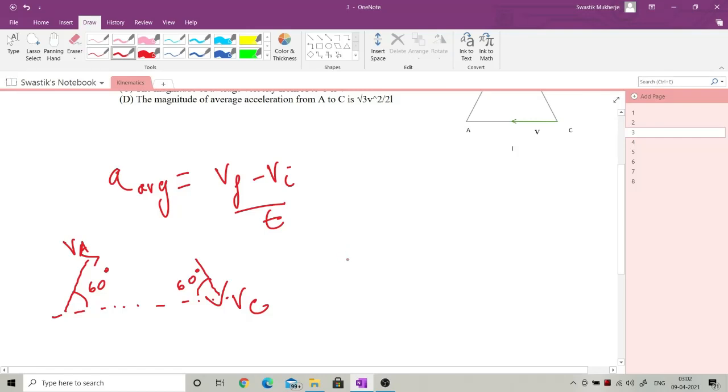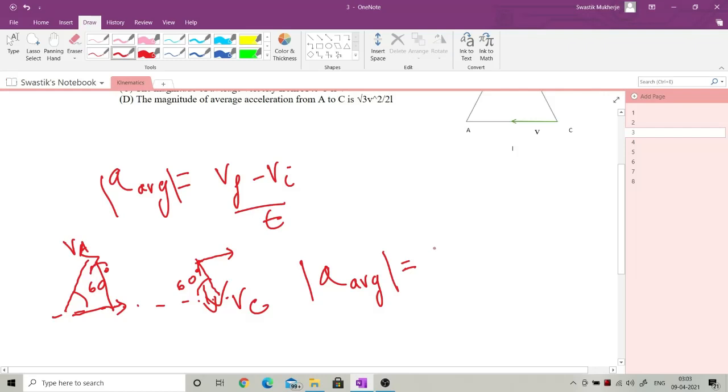So mod of A average, now these horizontal components get cancelled right out when you subtract. So only the vertical components remain.